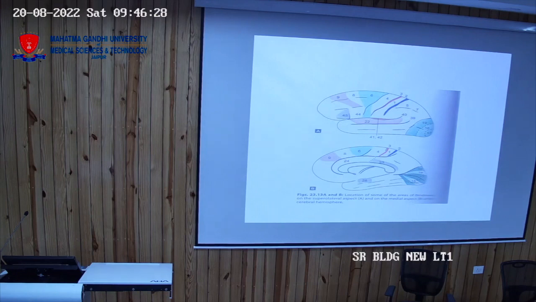So this is based on past experience. The identification is done with the help of areas number 18 and 19. So area number 17 is called the primary visual area, and areas 18 and 19 are called the association vision area or the secondary visual area.